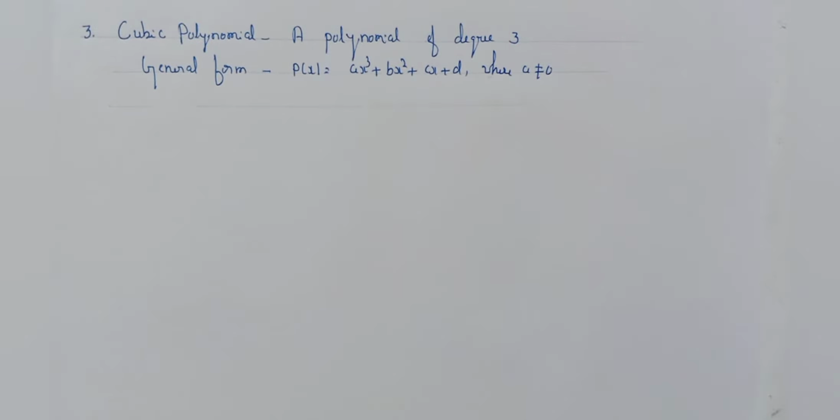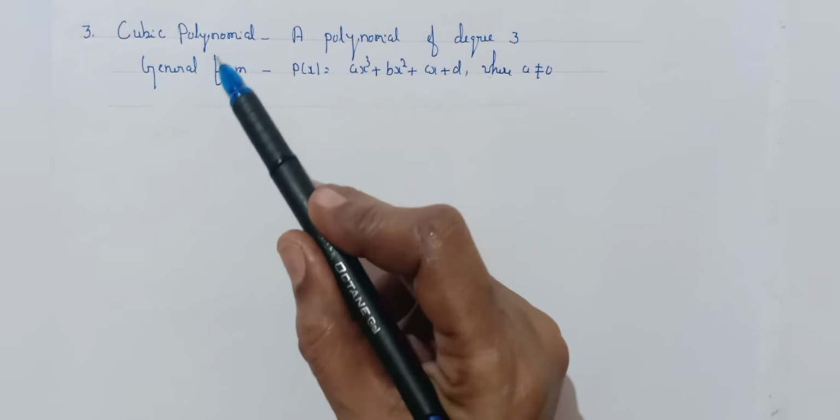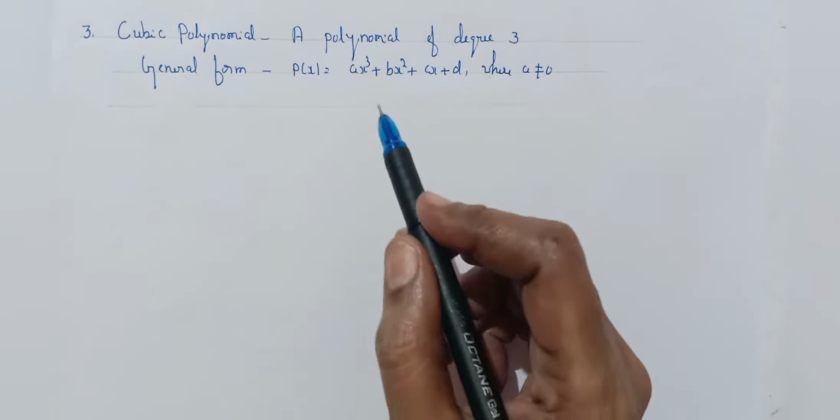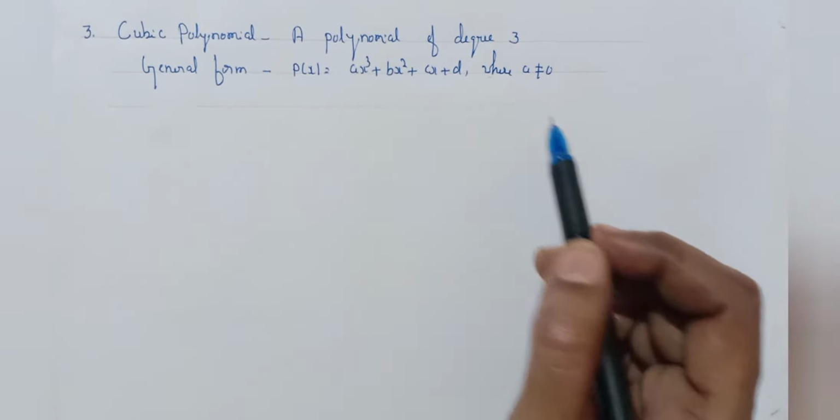So a polynomial of degree 3 is called a cubic polynomial, and the general form of cubic polynomial is ax cube plus bx square plus cx plus d.